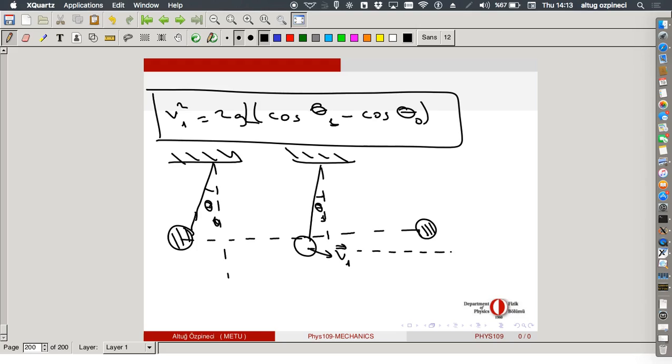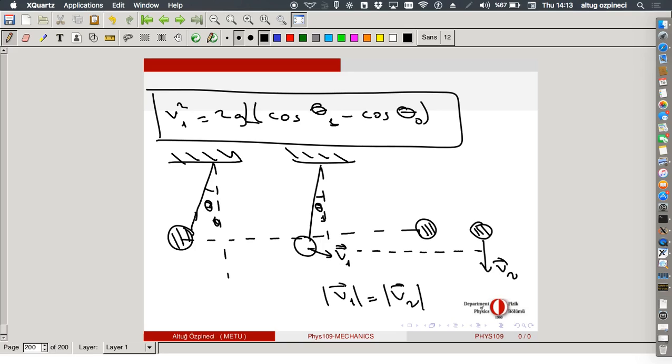And when it reaches the same height, it will have a velocity, let's call it v2, in the downward sense.